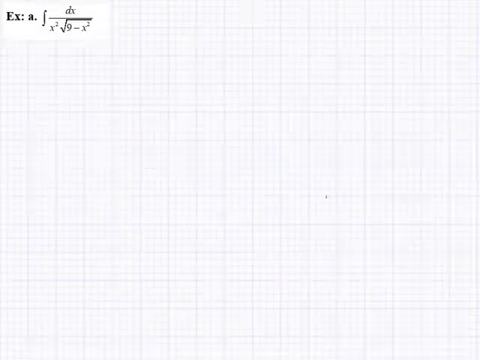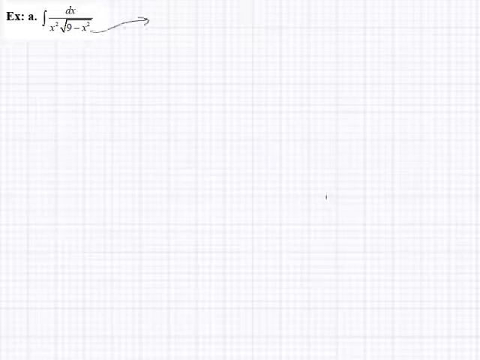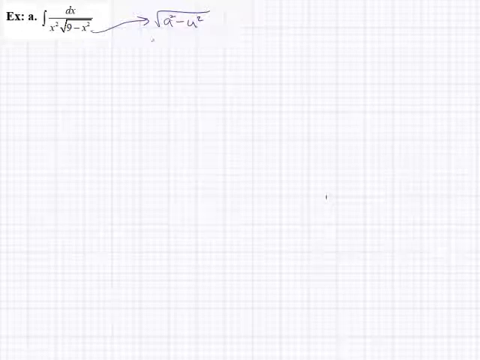Here's an example. Look at the square root in the denominator. That is in the form of the square root of a squared minus u squared, where a is 3 and u is x.